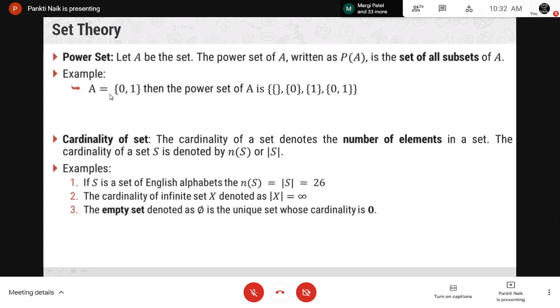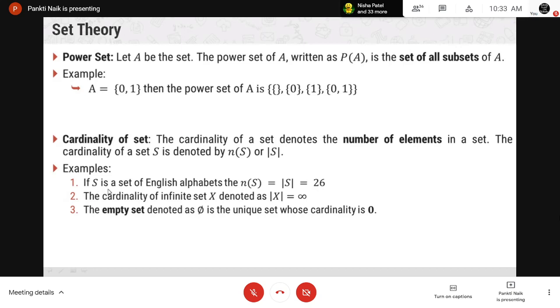Now next is cardinality of a set. Cardinality of a set denotes the number of elements in the set. The cardinality of set S is denoted by n(S) or like this.